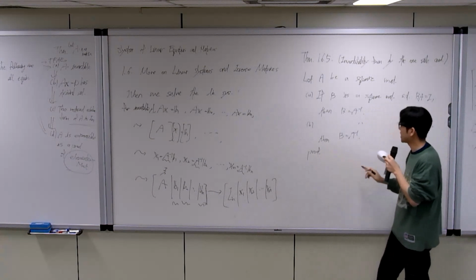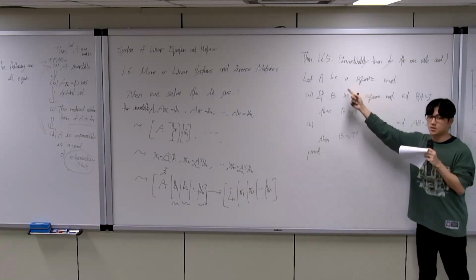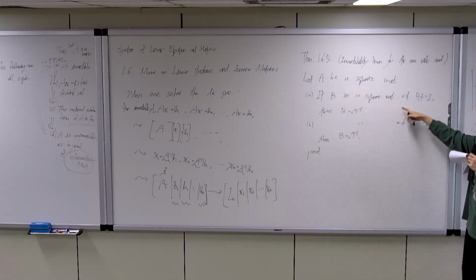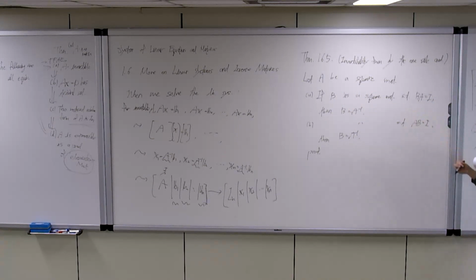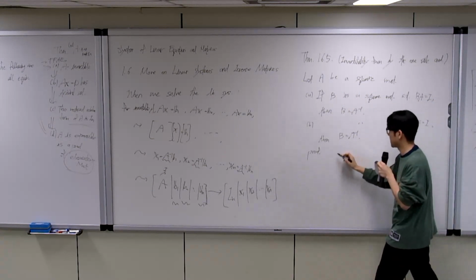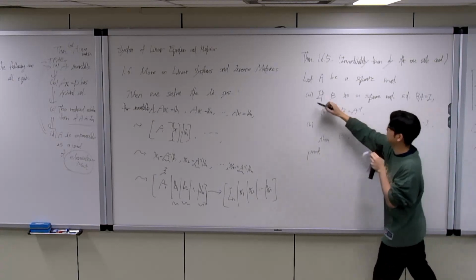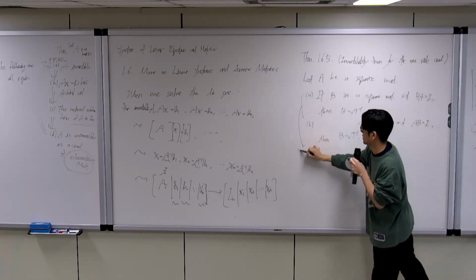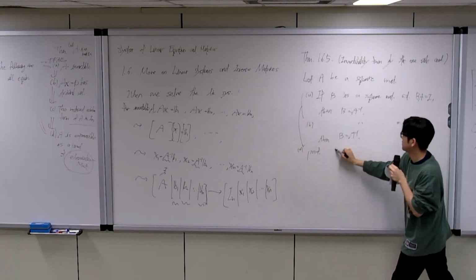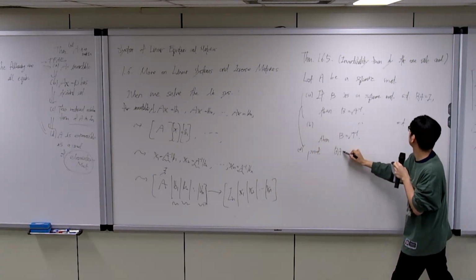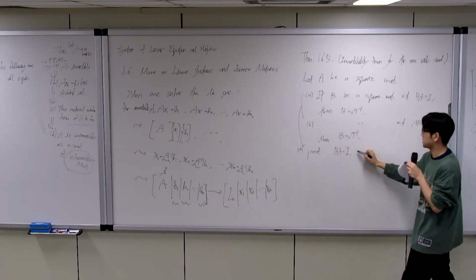If A is an invertible matrix, then it will be easy to show, because by multiplying by A inverse, I will prove the case BA equals identity.